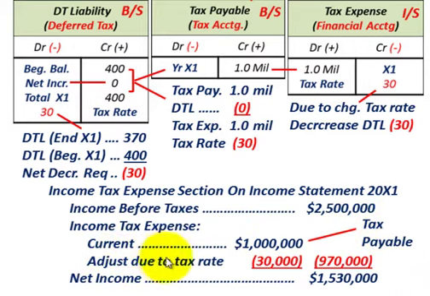But now we would list an adjustment due to the tax rate. It had nothing to do with the deferred tax liability except that the tax rate affected the deferred tax liability. So that was that $30,000 adjustment. You reduce your current amount by $30,000, which gives you your income tax expense of $970,000.